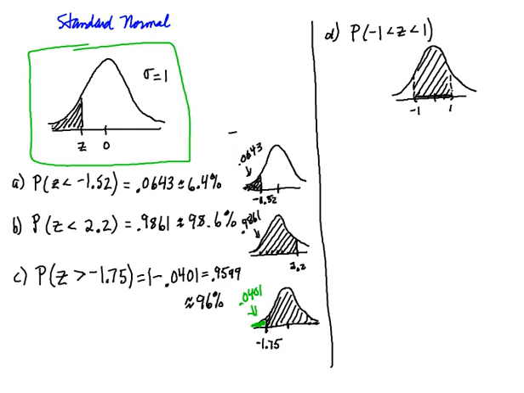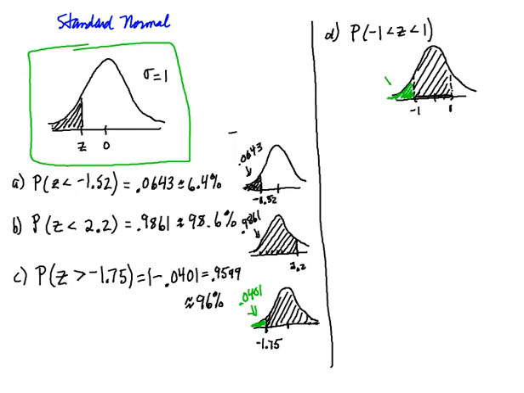Now, to do that, I'm going to have to look up two numbers in the table. First, I'm going to look up -1. Now, -1 is down in the first page of the table, down to the -1 row, and that's all it is. So the column is 0.00. I get 0.1587. So remember, the table always reads to the left.